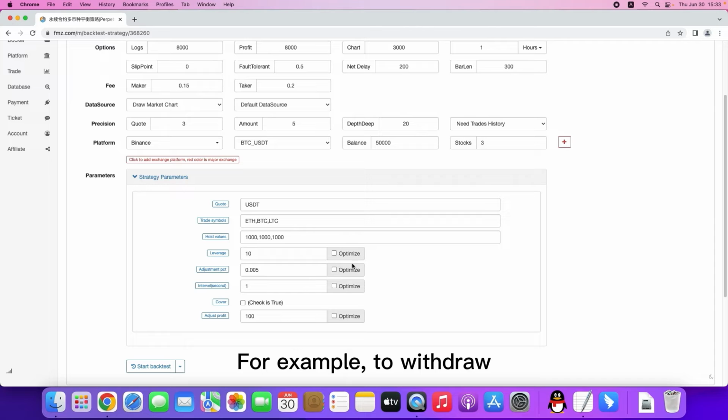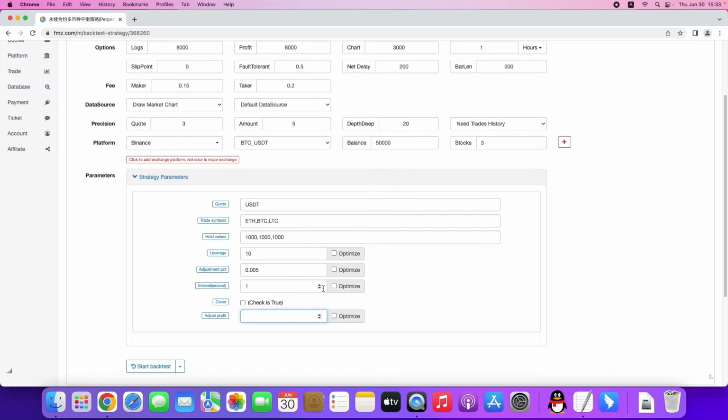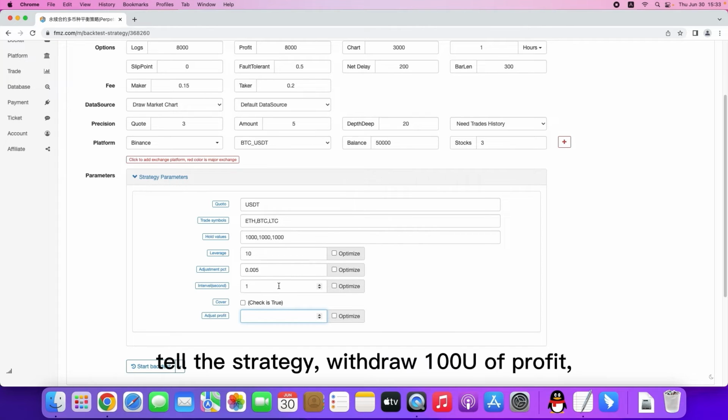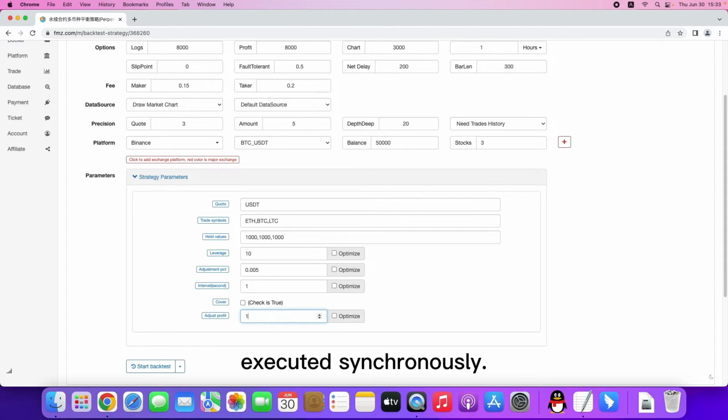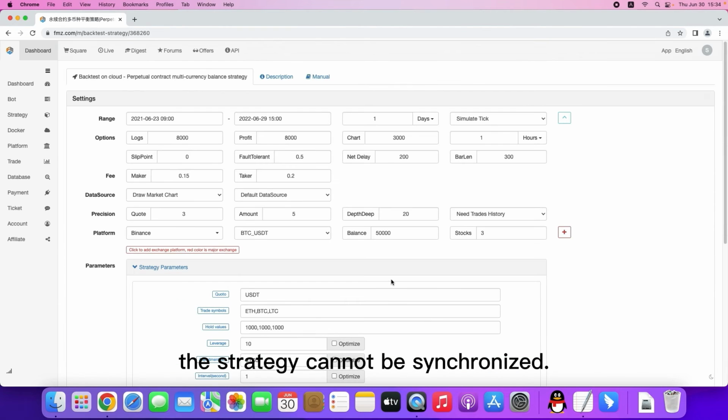For example, to withdraw 100 U, set the profit adjustment parameter to 100. That is to say, tell the strategy we withdrew 100 U of profits and let the strategy data continue to be executed synchronously. If the parameter is not set here, the strategy cannot be synchronized.